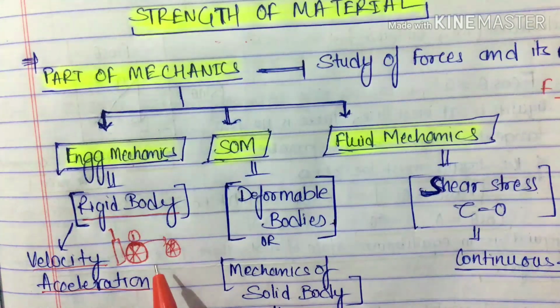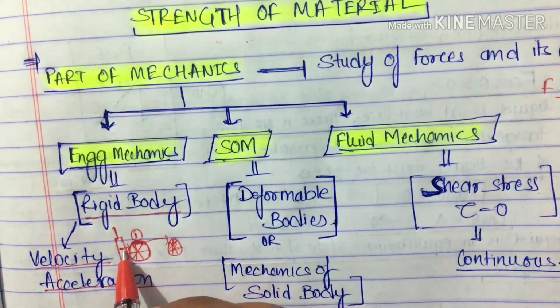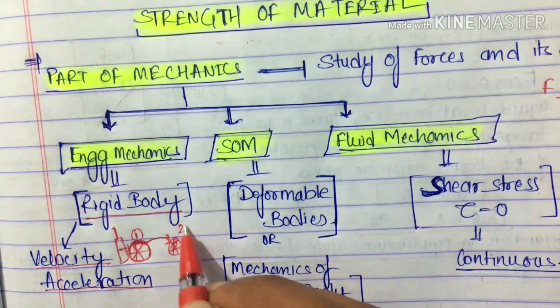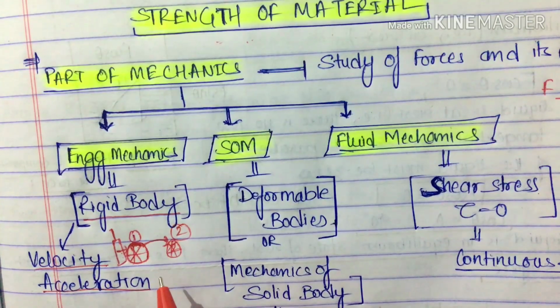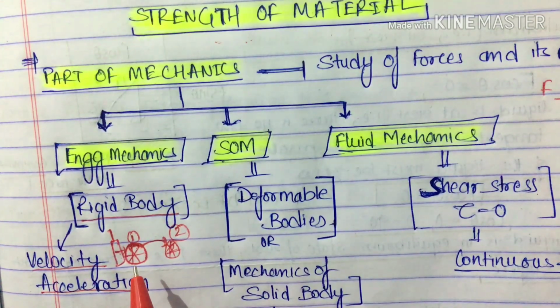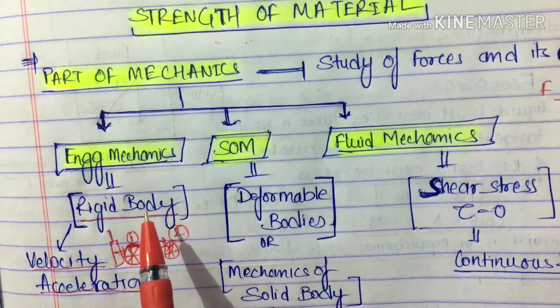So this is known as rigid body motion. The force is applied by this bat on this ball, and the ball changes its position from 1 to 2. We are not concerned about the shape of the body, and when we are not concerned about the shape, that thing we study in engineering mechanics. So this is mechanics of rigid bodies.